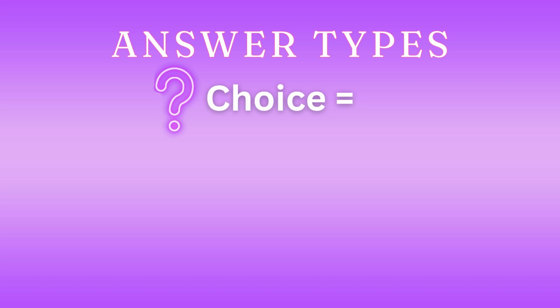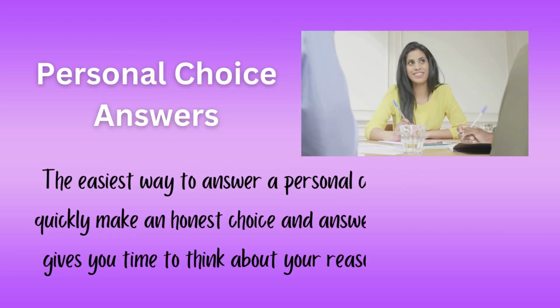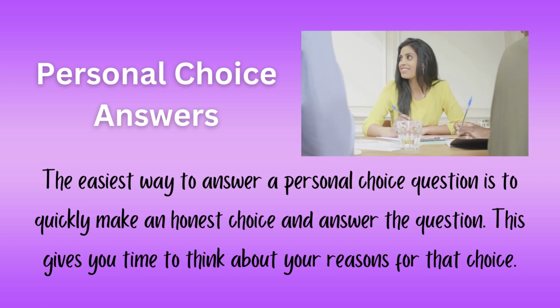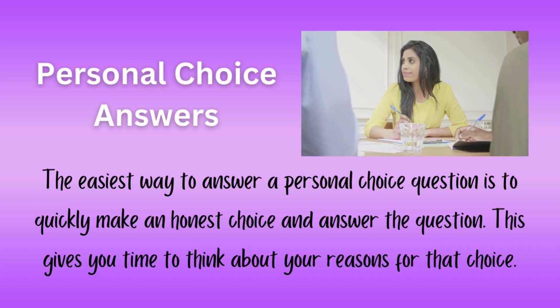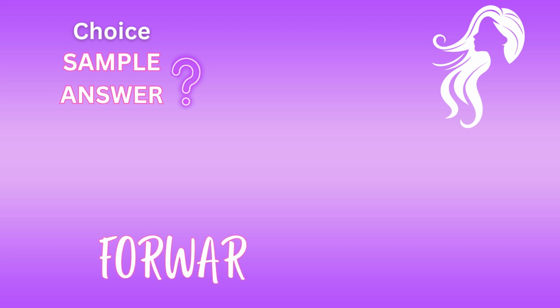But let's talk about my favorite method of how to answer choice questions. It's called the forward and back method. As a model, pageant contestant, and a judge, I've had a lot of experience answering questions and listening to answers. And I think the best way to answer a choice question is directly.